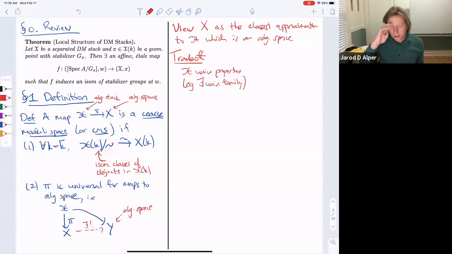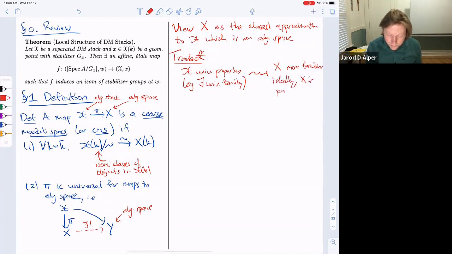If 𝓜_g is the moduli stack of smooth curves, you have a universal family. But we trade this off to get an object X which is more familiar. It's an algebraic space, and ideally, X is projective. So the end goal is to show that your coarse moduli space is projective, at least in the context of M̄_g, and having a coarse moduli space which is an algebraic space is the first step.